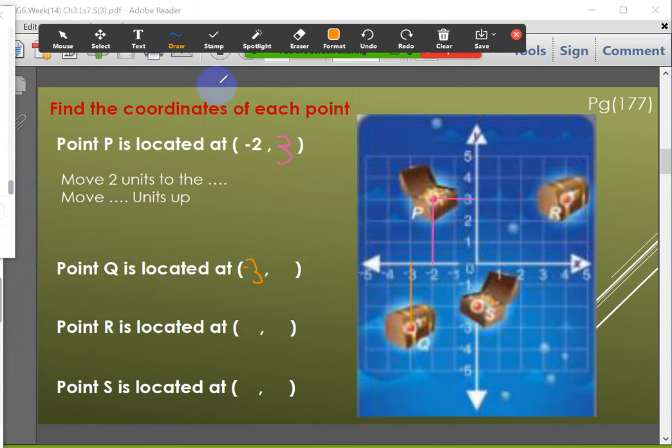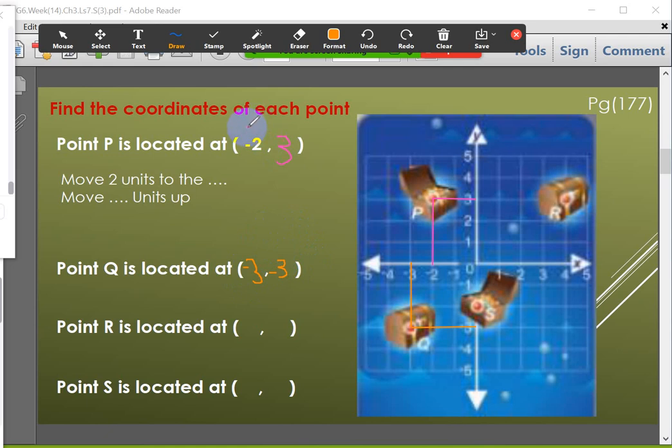What about the y-coordinate? I have to take a horizontal line from the point to the y-axis. It will cross the y-axis on a number. This number is -3 also, so the y-coordinate is -3 also. Girls, you can't start from the y. Always you have to start from the x, then the y.